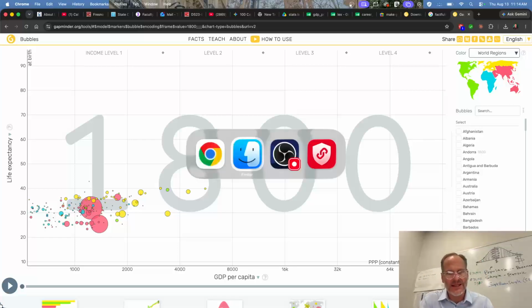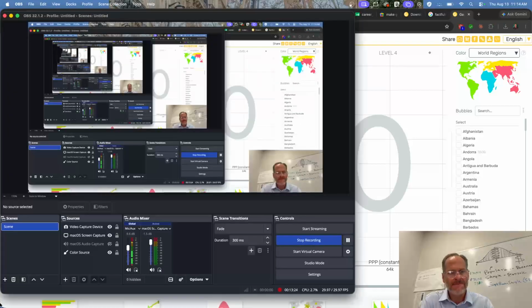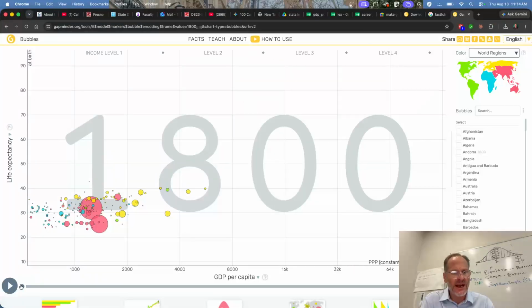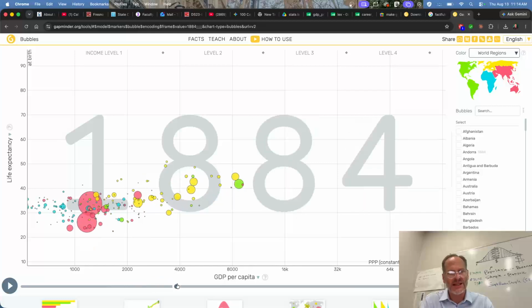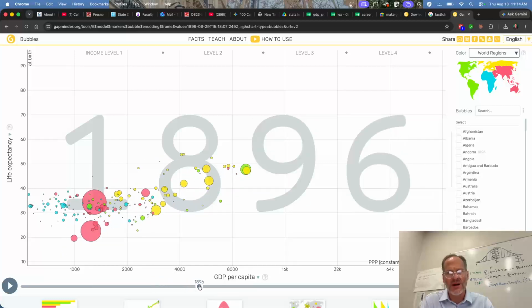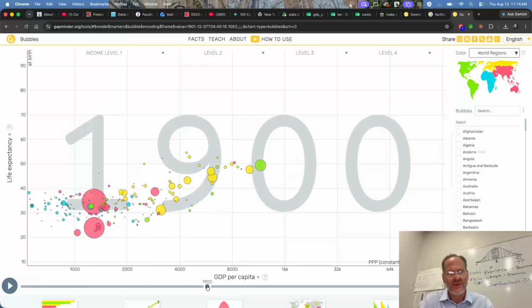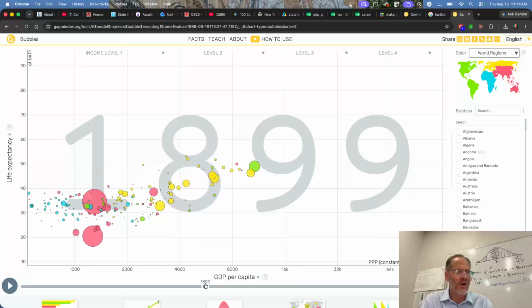And then as you play this, you can see how much things have changed in the last 220 years. Not much happens in the 1800s. The white balls are moving, Europe's moving. And then we hit 1900. And right there, look at that little drop with that red ball. Something went on in India right at the turn of the century where a bunch of people died. Some pandemic, some war.